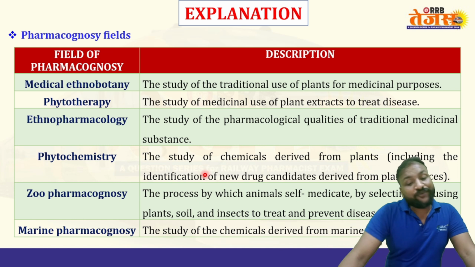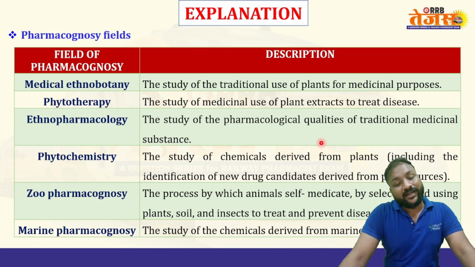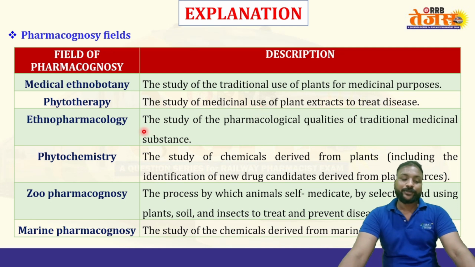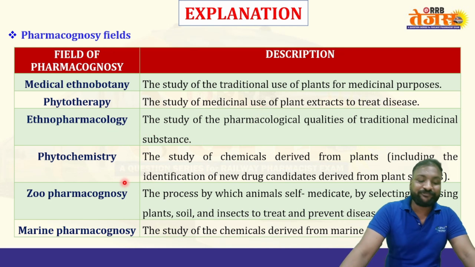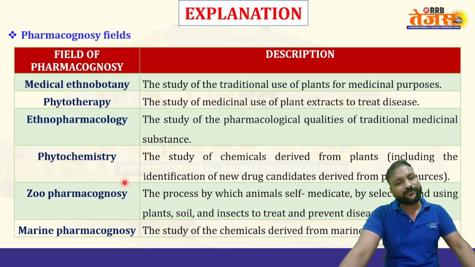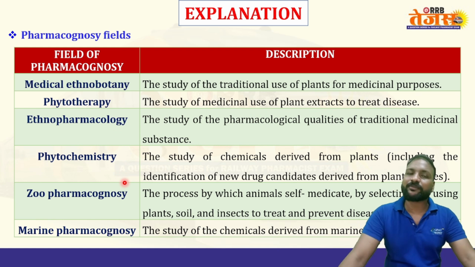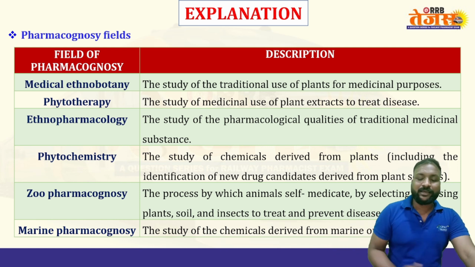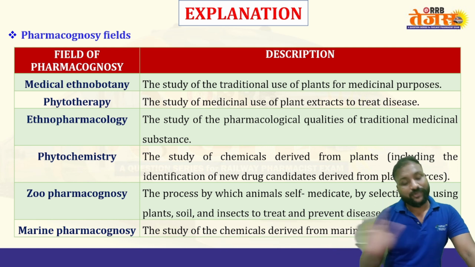Ethnopharmacology is the study of the pharmacological qualities of traditional medicinal substances. Phytochemistry: phyto means plant, chemistry means chemical. The study of chemicals derived from plants and other sources is known as phytochemistry. Majorly, phytochemistry refers to chemicals that are derived from plant sources only.